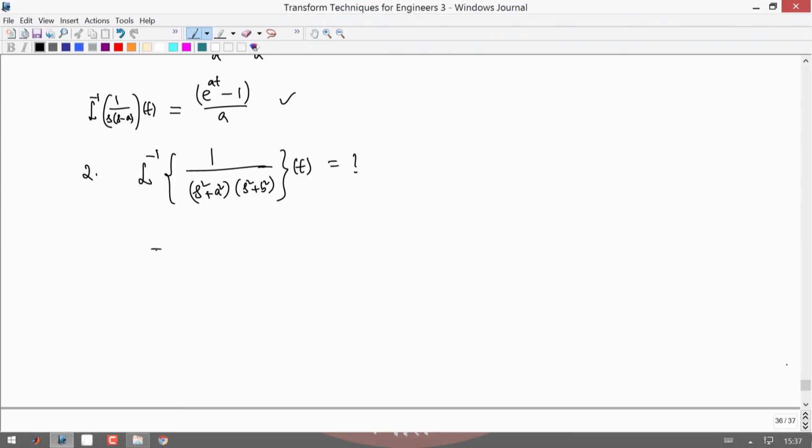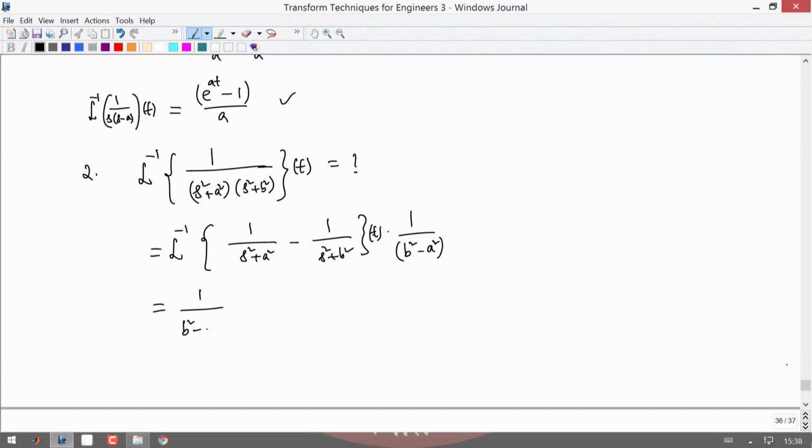I try to write this as L inversion of 1 over s square plus a square minus 1 over s square plus b square. To get this, s square plus b square minus s square minus a square gives b square minus a square, so you divide by b square minus a square.